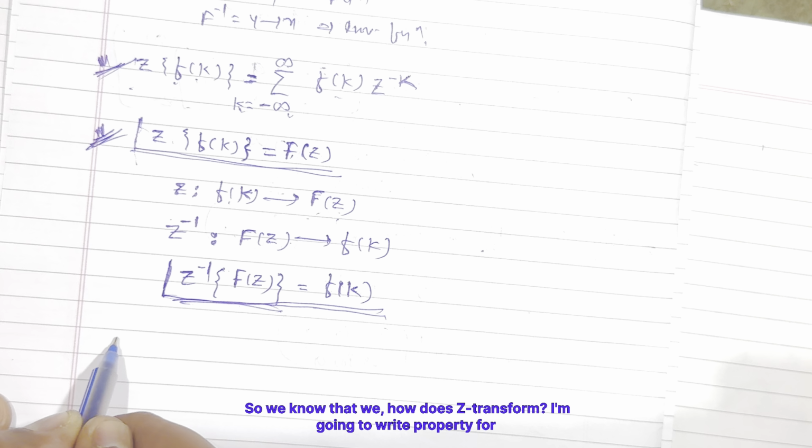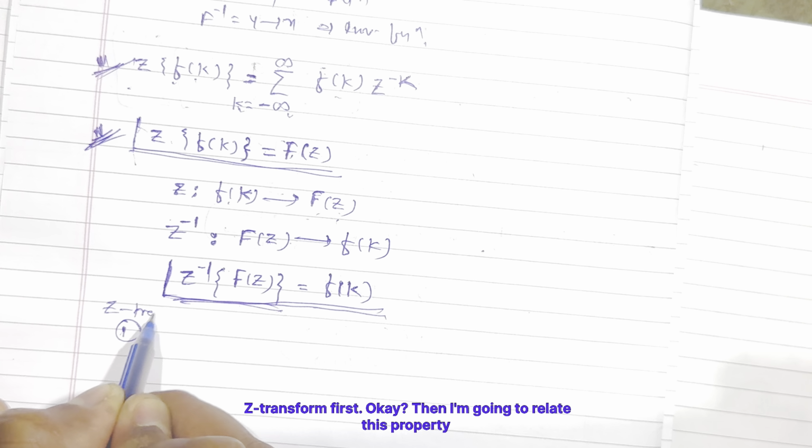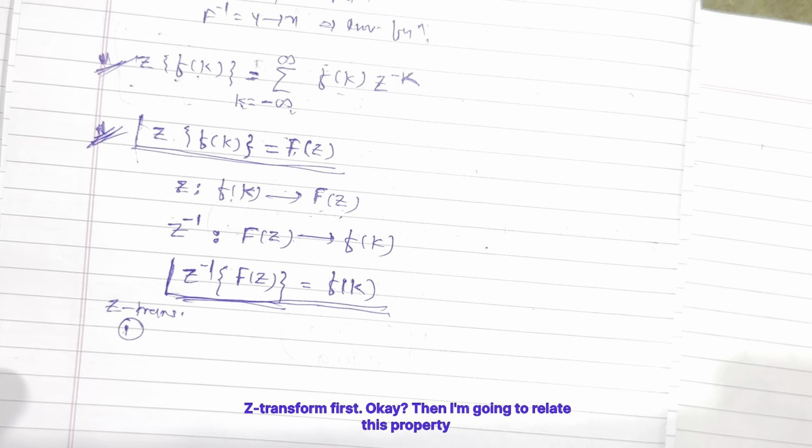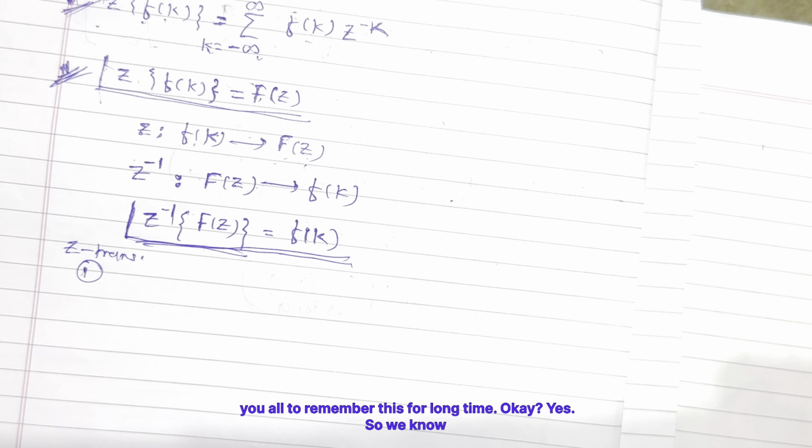We know that we have the Z transform. I'm going to write a property for the Z transform first, then relate this property with the inverse Z transform so that it will be way easier for you all to remember it for a long time.